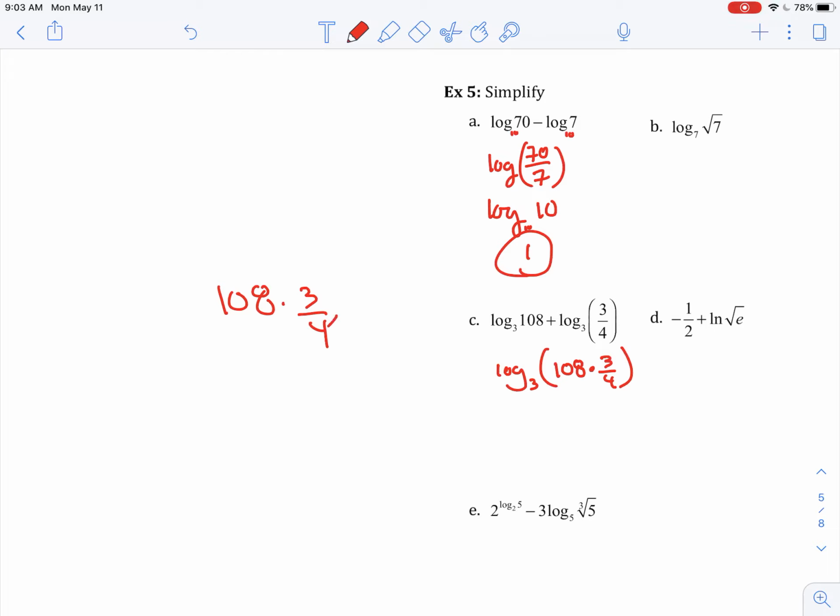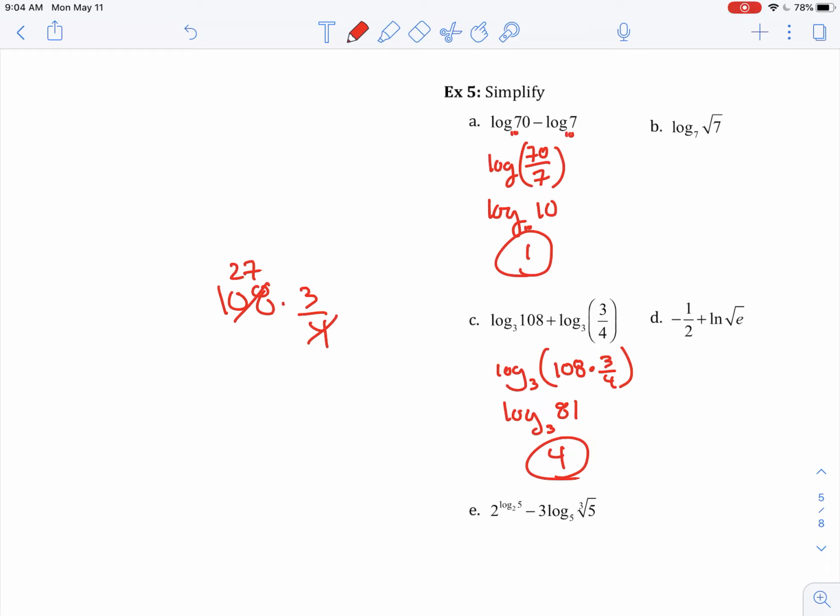Well, 4 goes into 108, 27 times, and 27 times 3 is 81. So we're really looking at the log of 81 base 3. And that's just asking us 3 raised to what exponent gives us 81, and that is just 4.